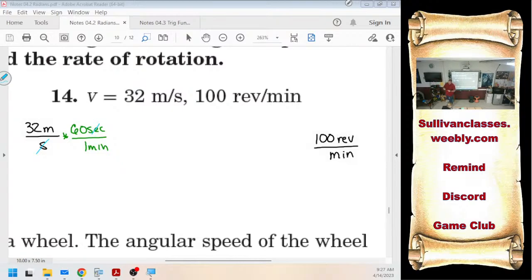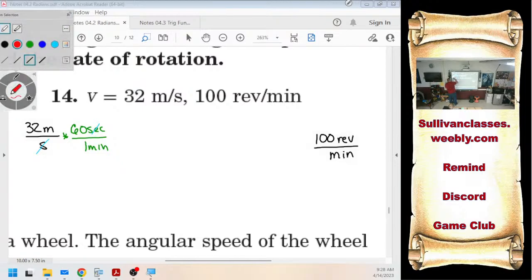Where was the portal again? A radian is a radius. Which one of these has to move? The revolutions. Okay, this is a length distance measurement. I can leave it. I need to get that guy over to radians.